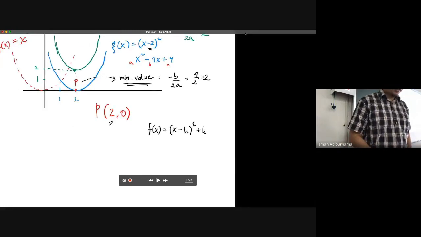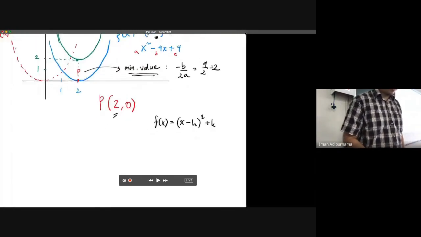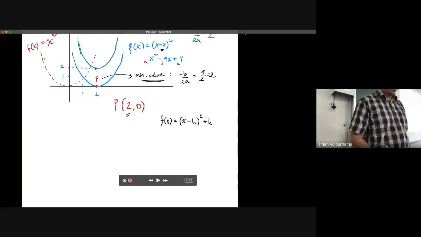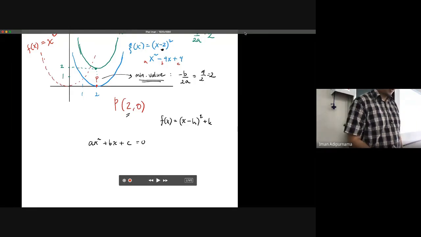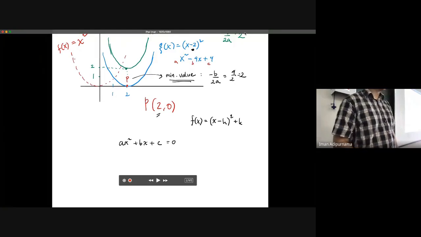And this is precisely the same as when we tried to solve this and prove the quadratic formula.